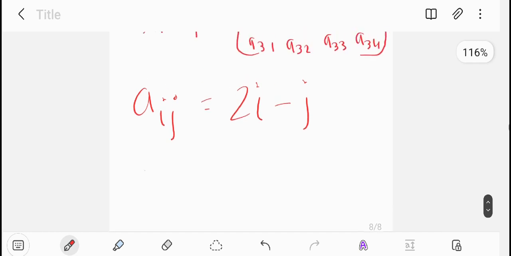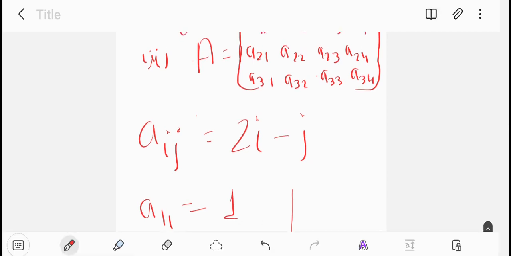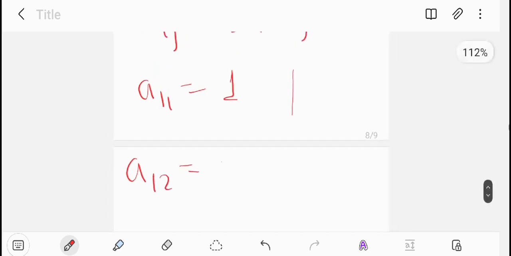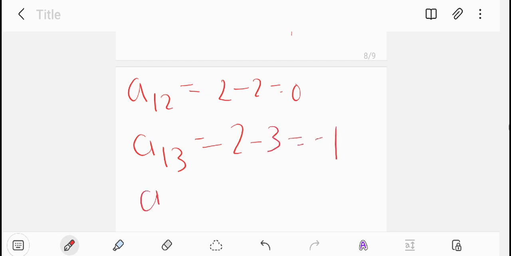So A11 is simply 1, right? A12 is 2 minus 2, which is 0. A13 is 2 minus 3, which is minus 1.